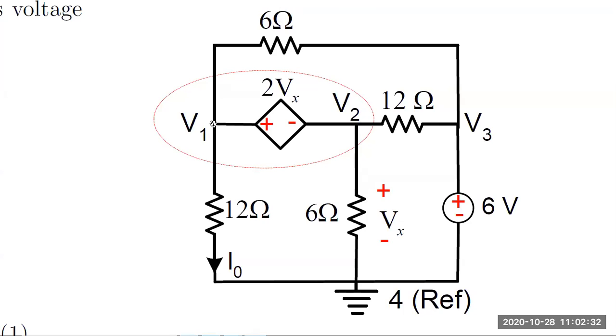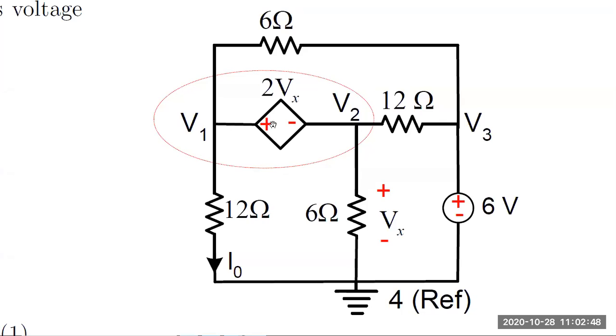I have to club these two equations. What is the super node equation? V1 by 12, V1 minus V3 by 6, plus V2 by 6, plus V2 minus V3 by 12. We completed this super node equation.